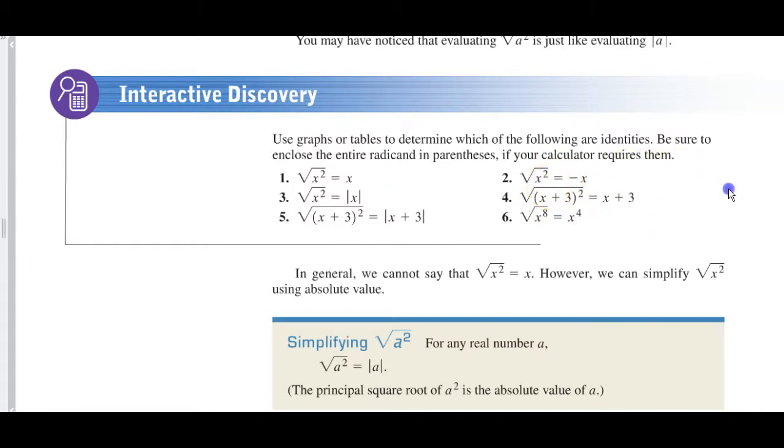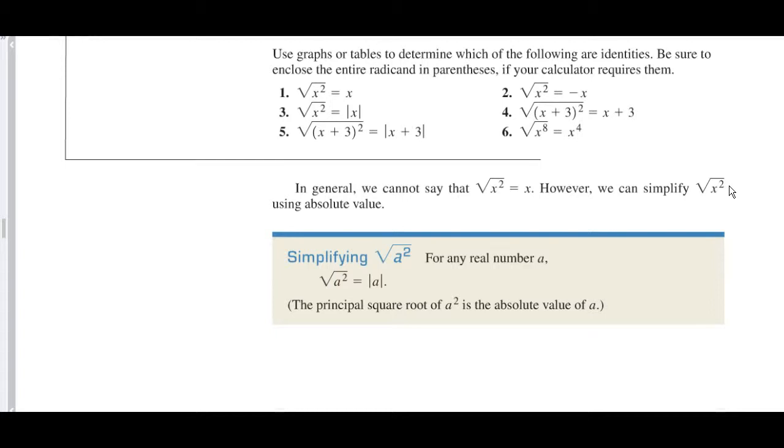So that was interactive discovery. Now let's look at some of the background of it.